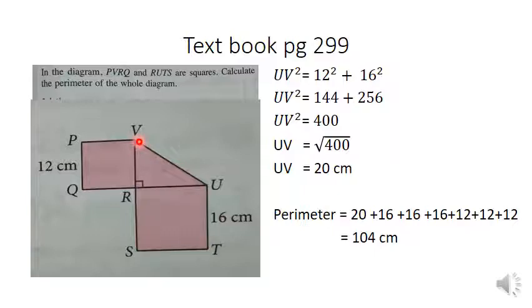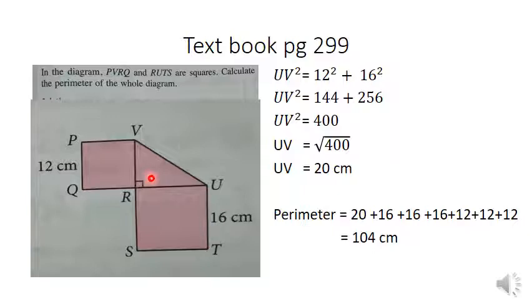Can, by using this triangle. This triangle is a right angle triangle because you have a 90 degrees angle. So you can use Pythagoras theorem. You can write this relationship. Okay, before you write, you think whether UV is hypotenuse or not. Yes, hypotenuse because UV is opposite of the 90 degrees angle.